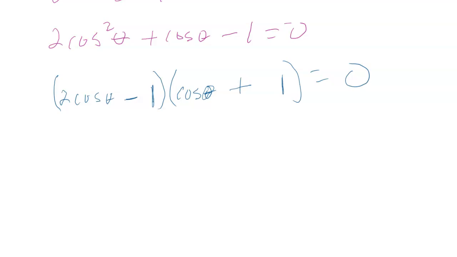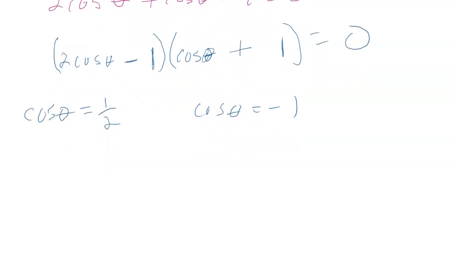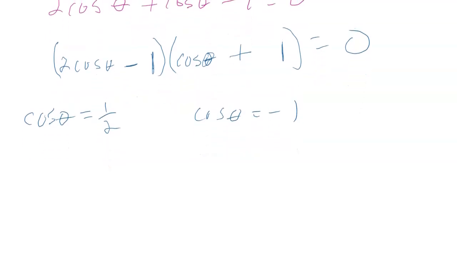Anyway, we have the zero product property, which says I can take each factor and set it equal to 0. I'm going to do that and solve at the same time. So I get cosine theta is equal to 1/2, and cosine theta is equal to negative 1. So we have to solve both of these. When is cosine theta equal to 1/2?